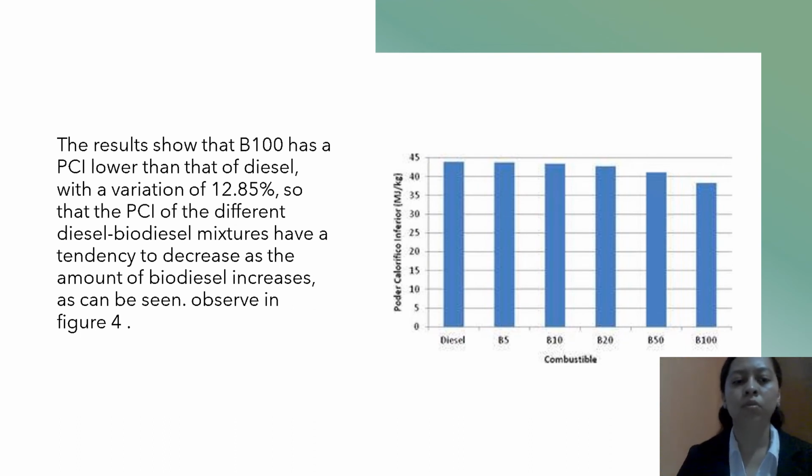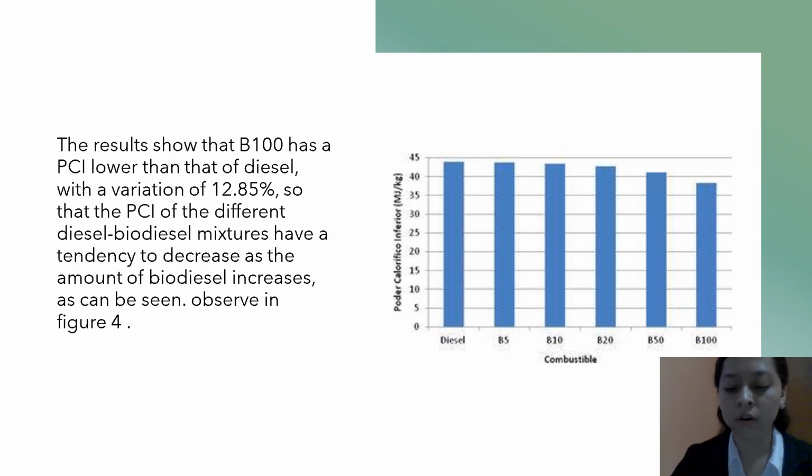The results show that B100 has a PCI lower than that of diesel, with a variation of 11.85%. So the PCI of the different diesel-biodiesel mixtures tends to decrease as the amount of biodiesel increases, as can be observed in figure 4.